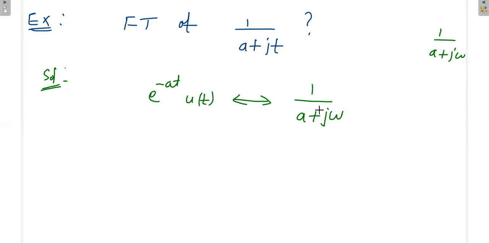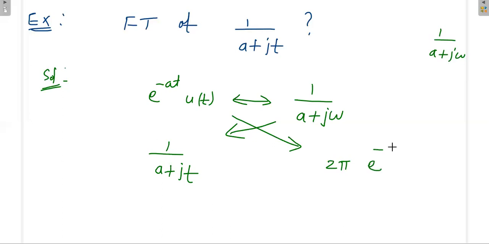What is the duality? Omega we have to replace with t, so a plus jt. Then 2 pi x of minus omega, that is e power minus a times minus omega, which means e power plus a omega.